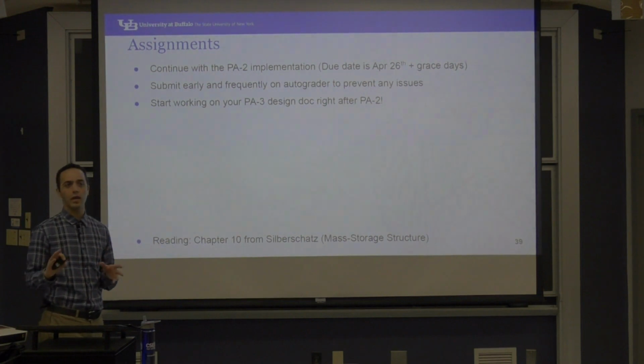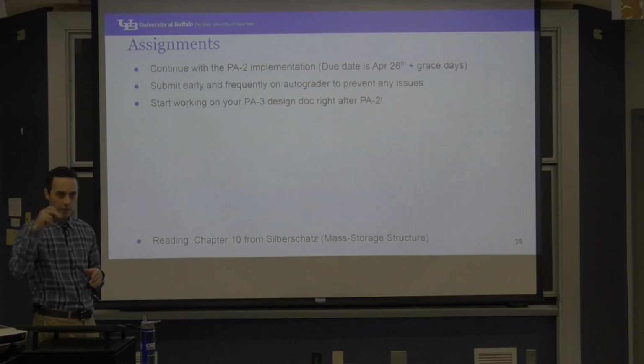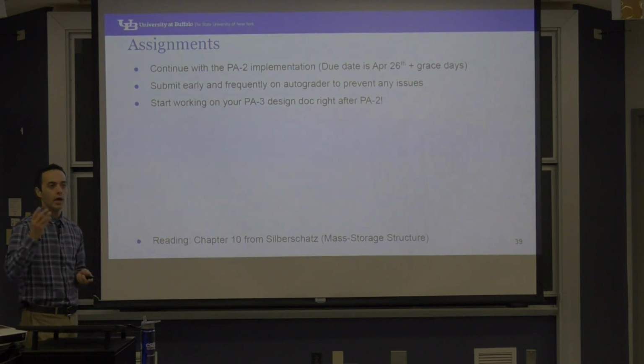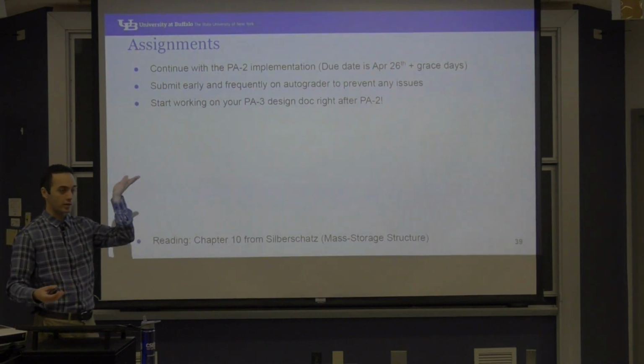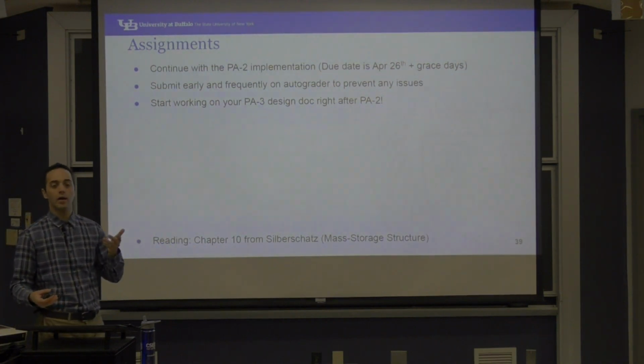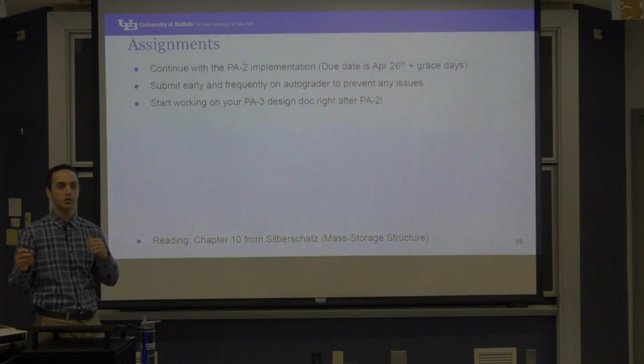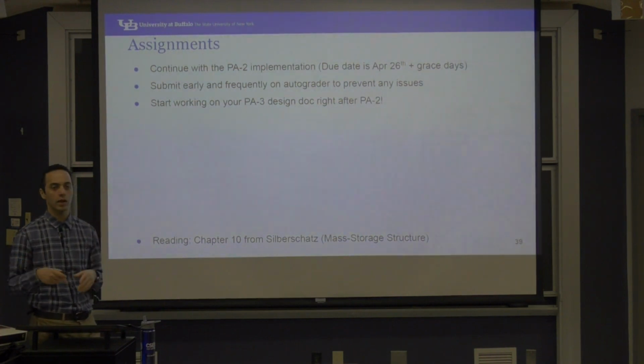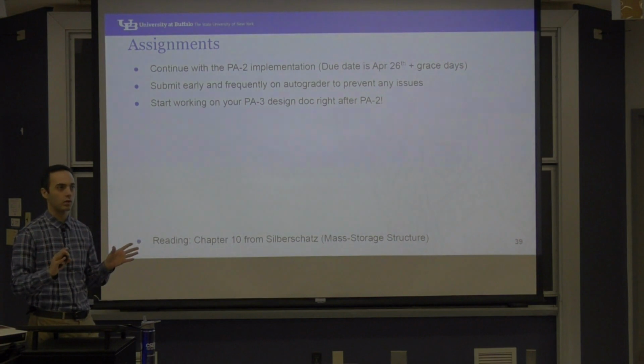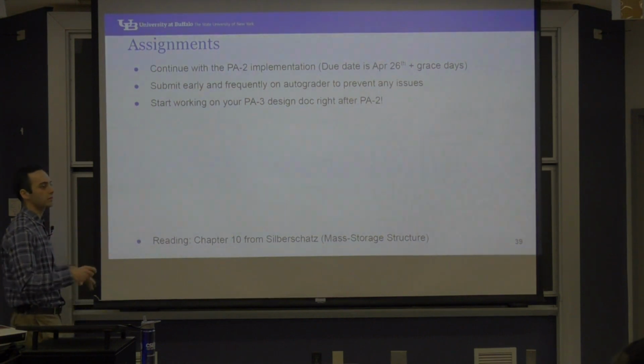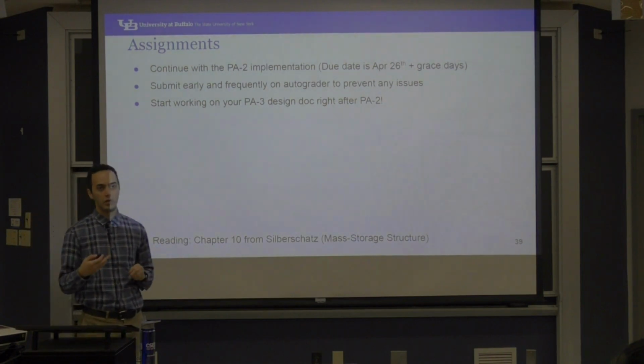But just know that if for any reason you submit to your AutoGrader, even if your grade is not what you want or what you expect, as long as your submission is there, don't panic. It's fine. If it does not allow you to submit for some reason, you don't actually see anything, then send an email to one of the TAs or me, just to make sure that your file is time stamped and we have it. Okay, and if you are done with PA2, start with PA3.